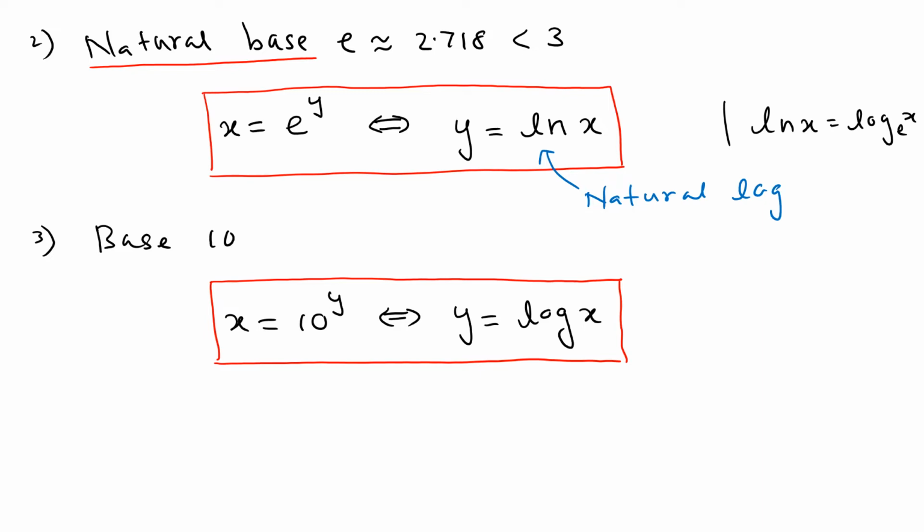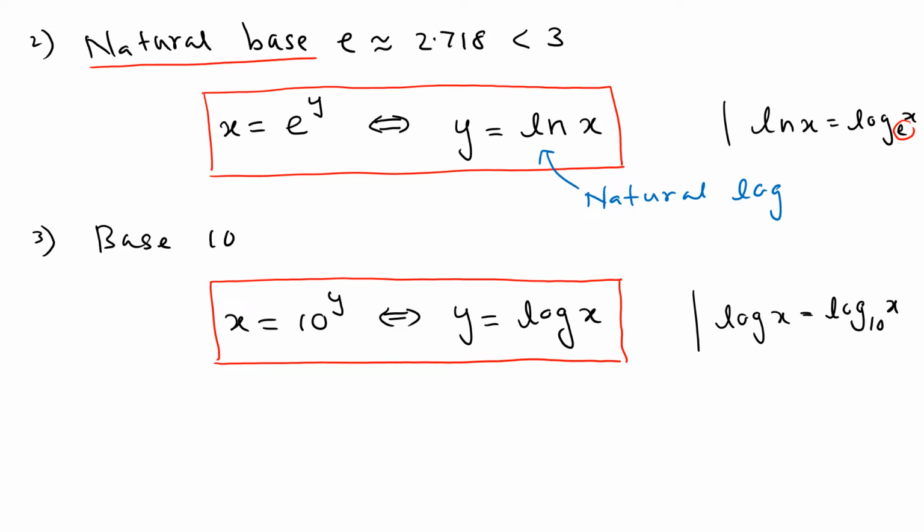So when you write just log x, that means log base 10 of x. So we ignore 10. When we write log base e, we write that one as natural log, so we write a different notation. We use ln for that, and when we write log it is the base 10.